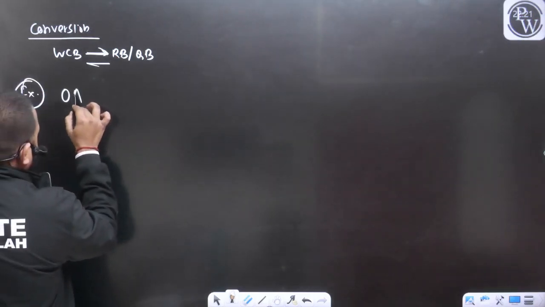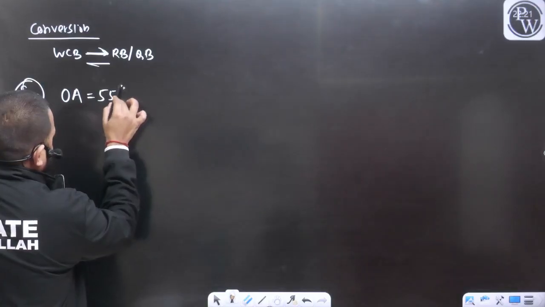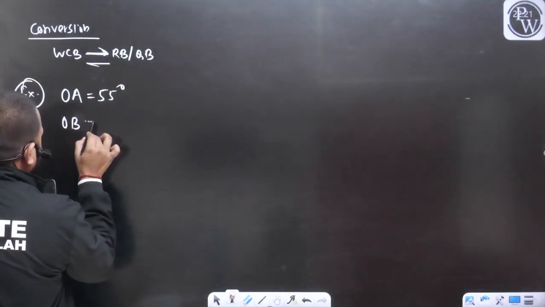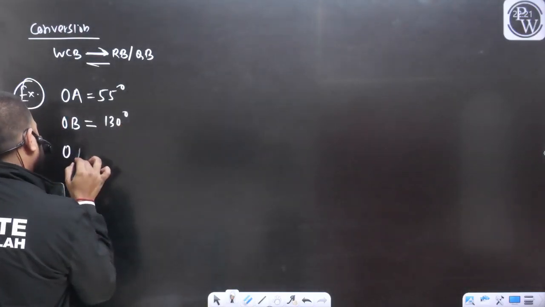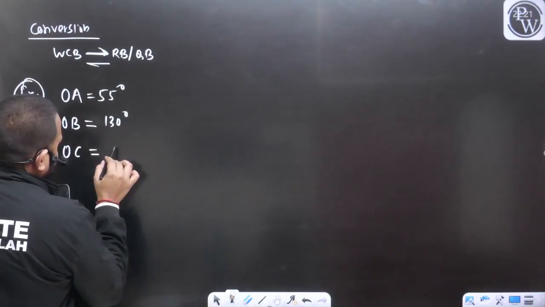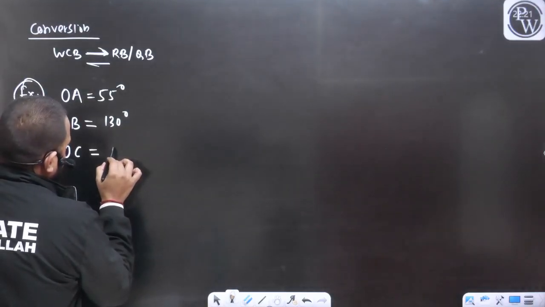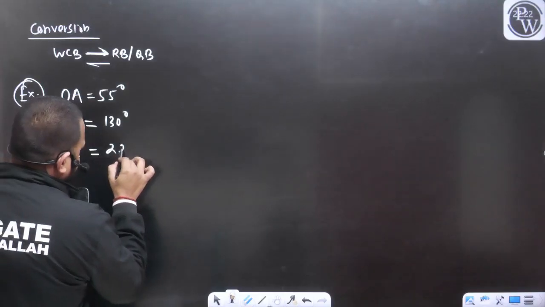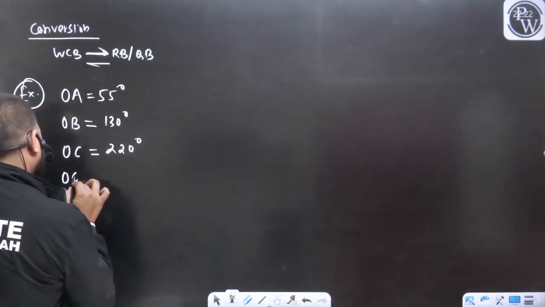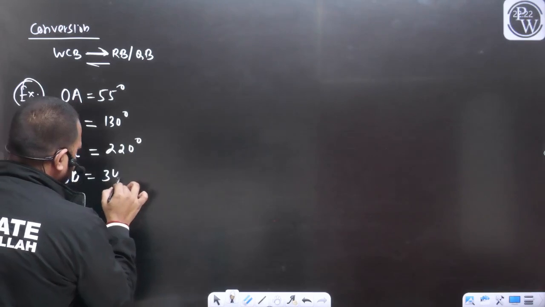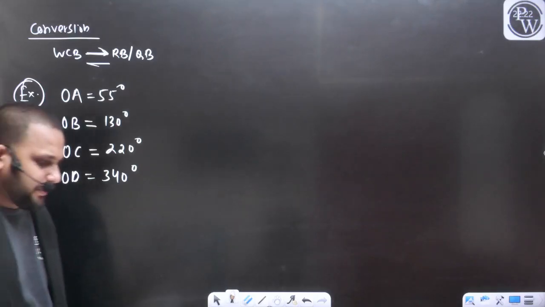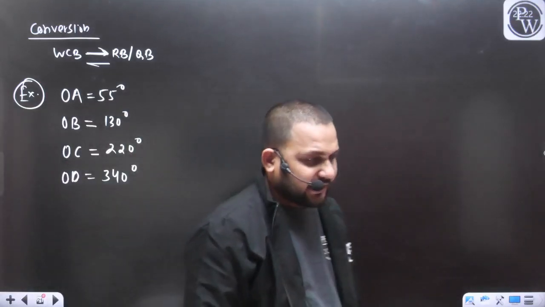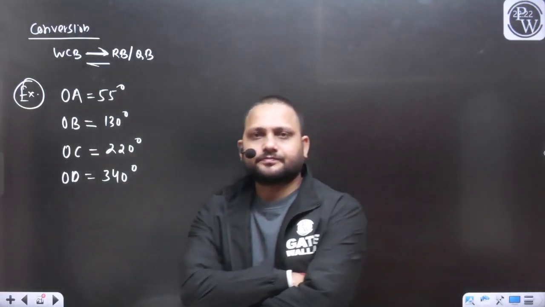The bearing of the line OA is given as 55 degrees. The bearing of the line OB is given as 130 degrees, the bearing of the line OC is given as 220 degrees, and the bearing of the line OD is given as 340 degrees. Can I say all these bearings are provided in the WCB system?